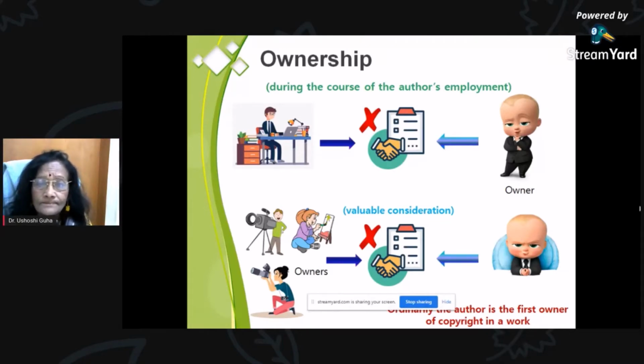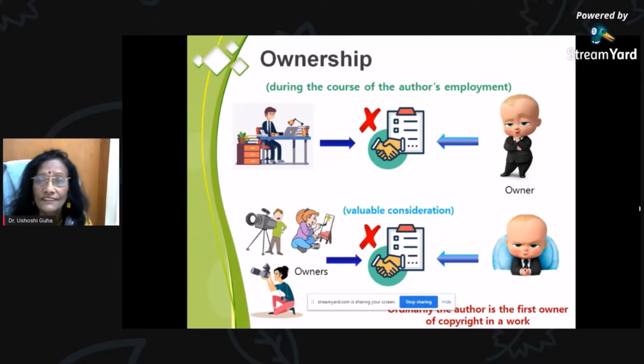Second figure, the owner, and the agreement is with some valuable consideration. In that case, with a percentage, they can have a co-ownership. The person who is working here, an artist, and the owner, a cinematographer, another a cameraman, a photographer.